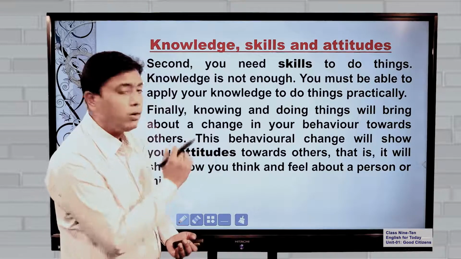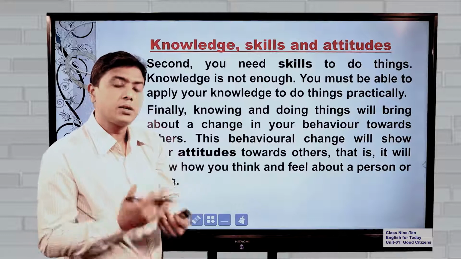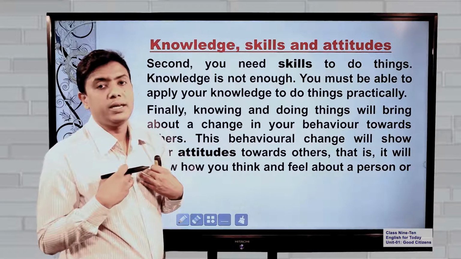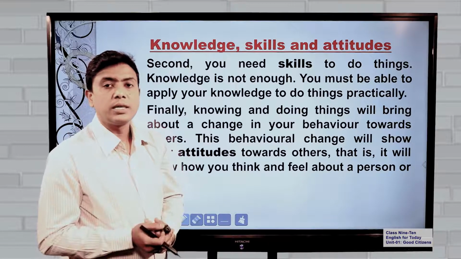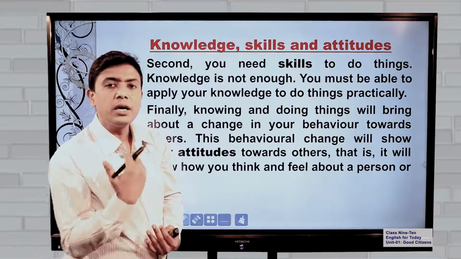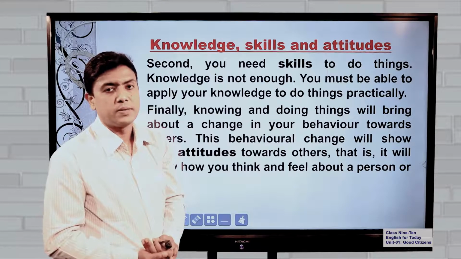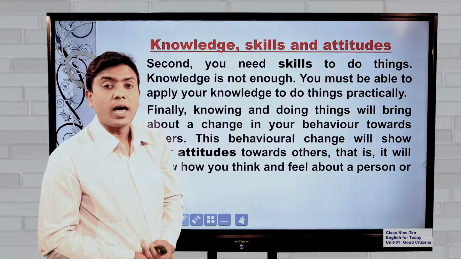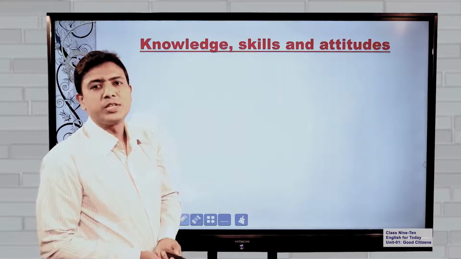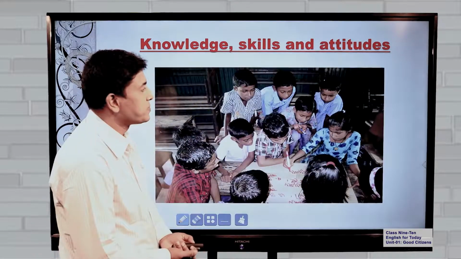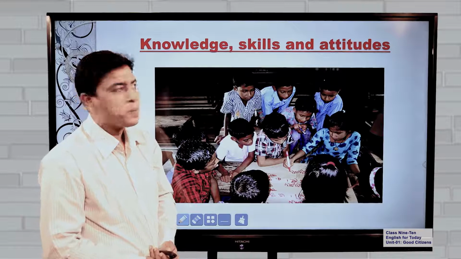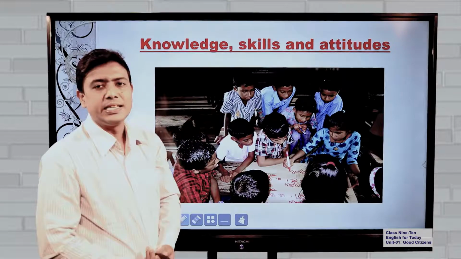So by having knowledge and by practicing the knowledge through your skills, you have to have a change in your mind, a change in your heart that will help you think of other people, be a useful member of the society, and only then can you be a person with positive attitudes. Now, my dear students, have a look at this picture. I'm going to talk about your attitude by having knowledge and skills.